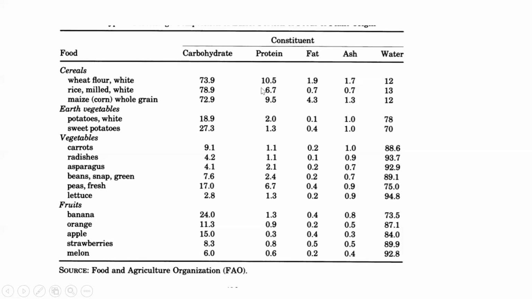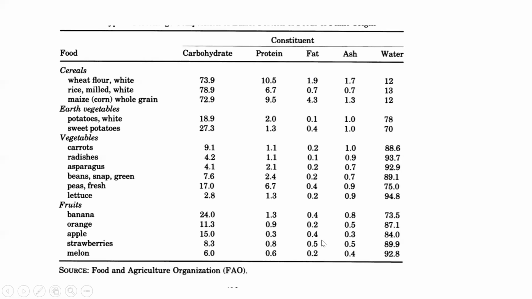In this section also, cereals have a little higher fat content. Corn contains 4.3% fat, whereas wheat flour has approximately 2% fat. But in vegetables, the fat content ranges from 0.1 in radishes to 0.2 in lettuce. So very, very low fat content.